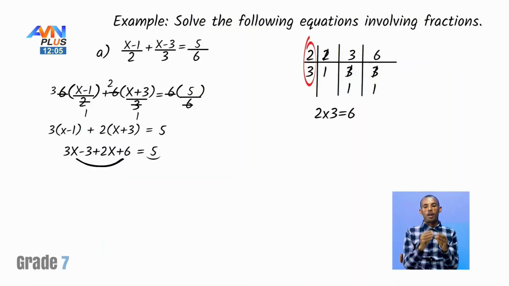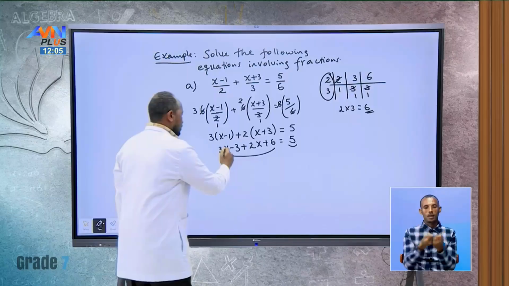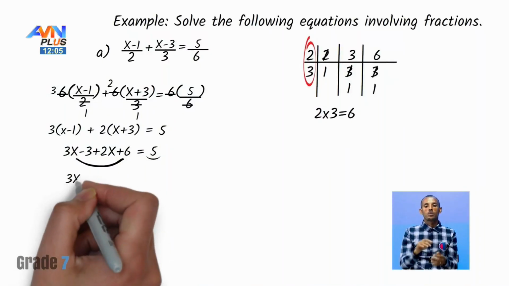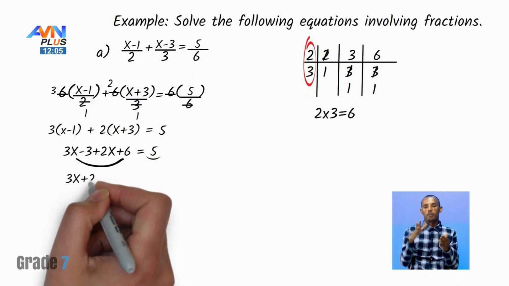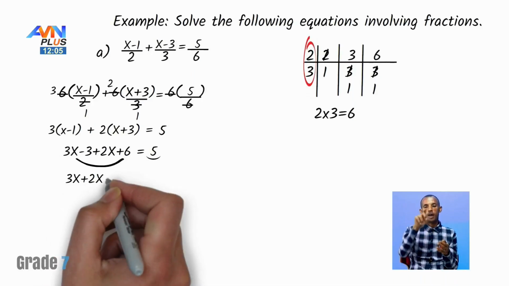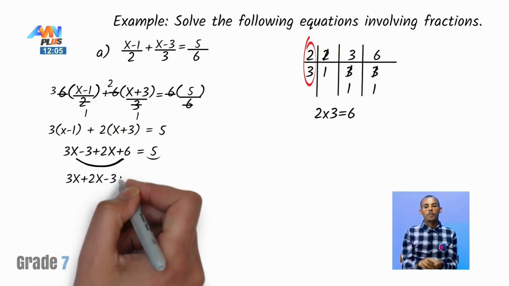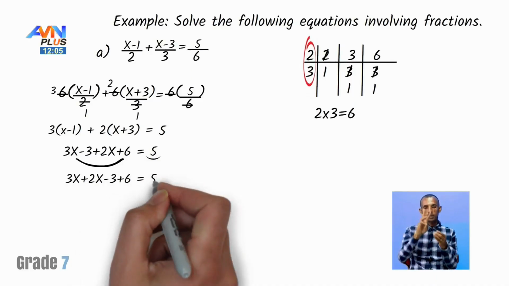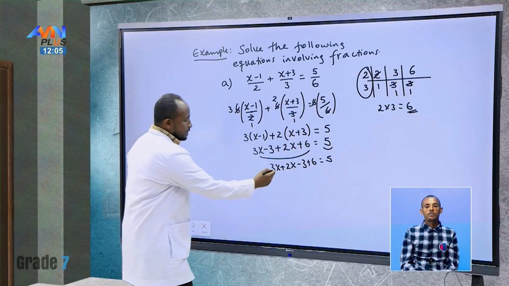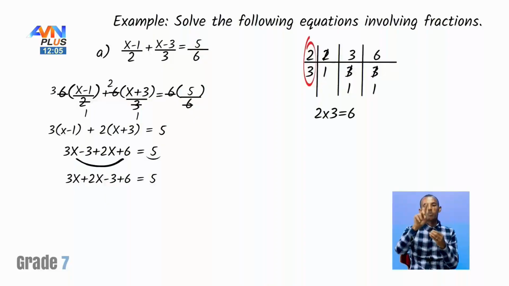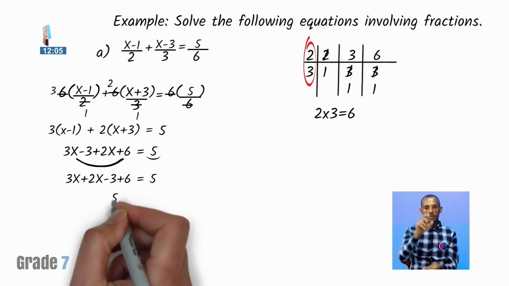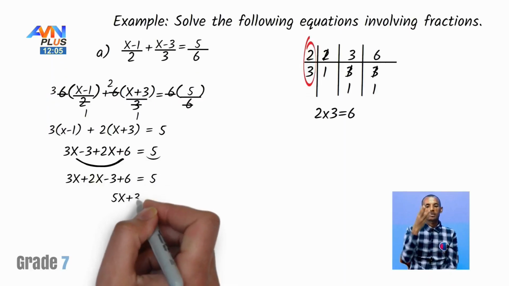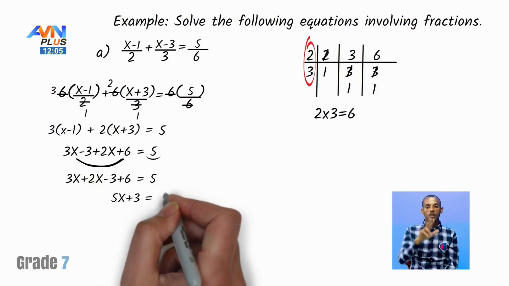Let's collect like terms. On this side, you have 3x and 2x. Let's put them together without changing the sign since they are on the same side. 3x plus 2x, and minus 3 plus 6 here. On the other side, you have 5. 3x plus 2x is 5x. Minus 3 plus 6 is positive 3, is equal to 5.